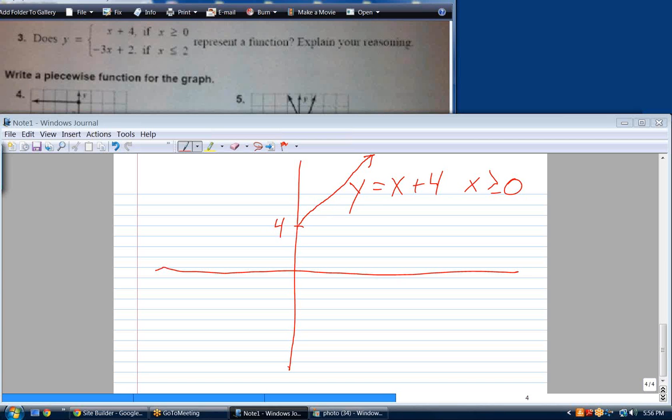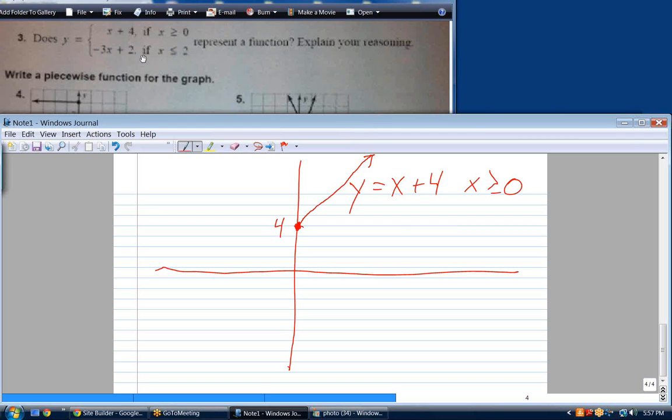Now, notice that I started it at 0, and it's a closed dot because x is greater than or equal to 0. This line does not go left of this dot. It goes to the right to infinity. But to the left of this dot, we're actually going to be represented by a different function.